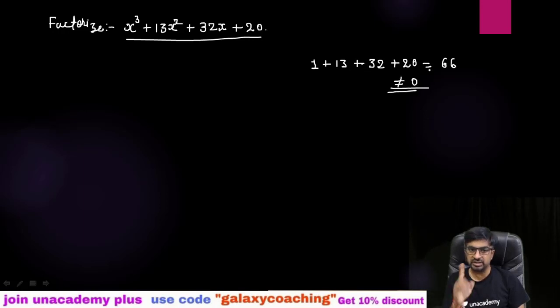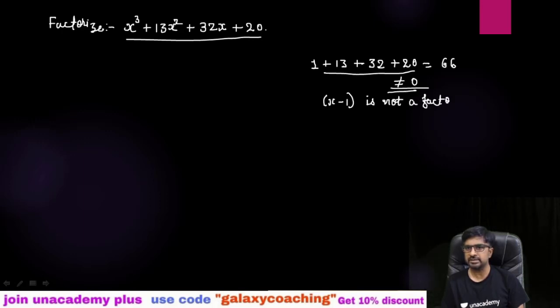If your sum is 0, then x minus 1 is a factor. But here the sum is not 0, so x minus 1 is not a factor. If you get 0 equals to 0, then you can say x minus 1 is a factor.